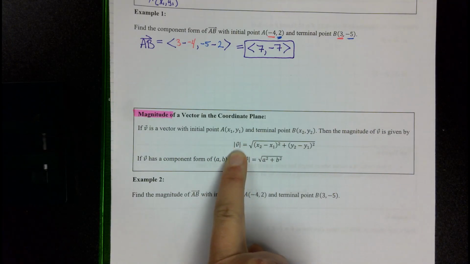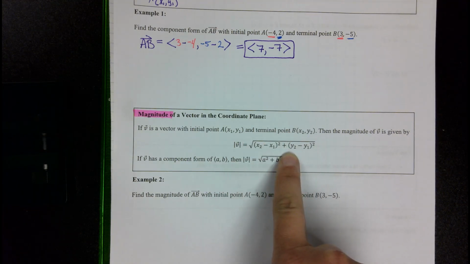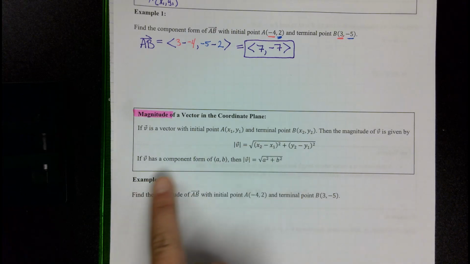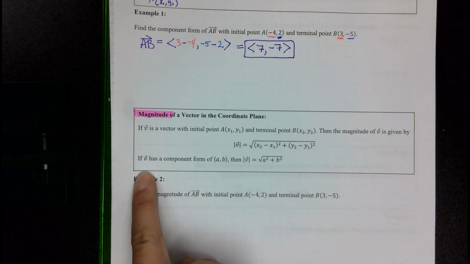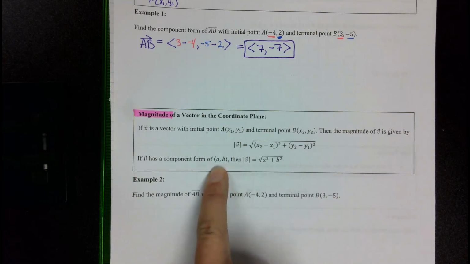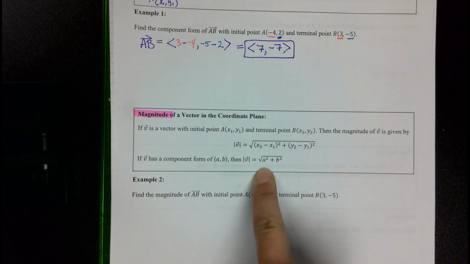That is telling us the magnitude of vector V is equal to, and this is actually the distance formula. And that is if we have the regular coordinate form of the vector. But if the vector is already in component form, so we have it with the vector parentheses, then the magnitude of the vector is equal to the square root of a squared plus b squared.